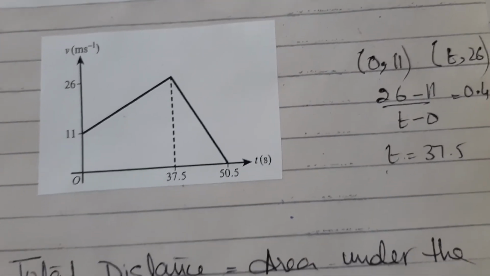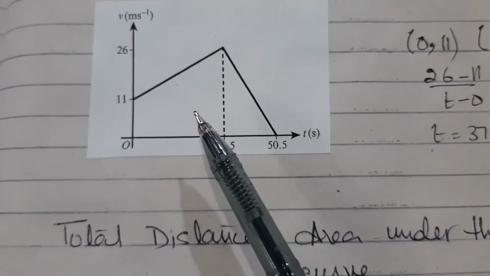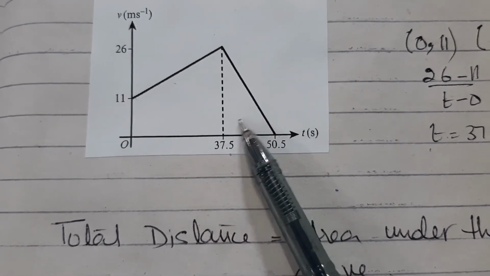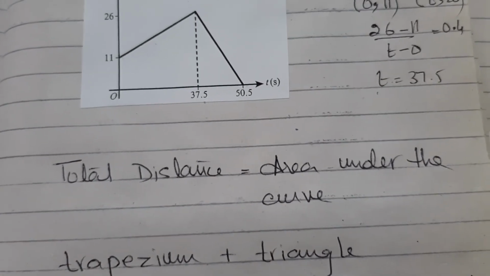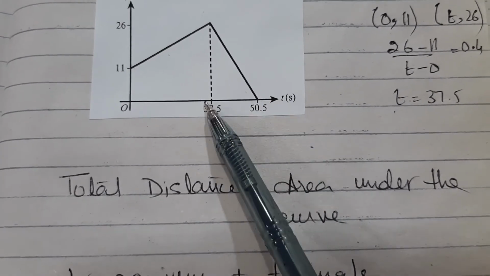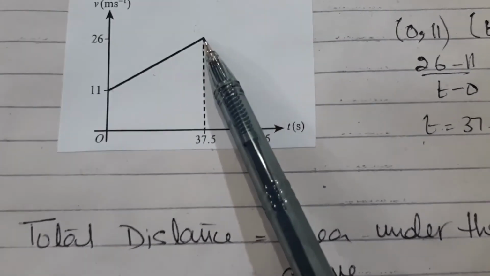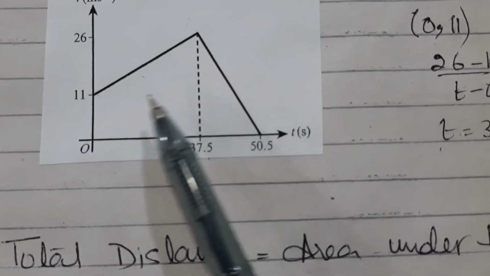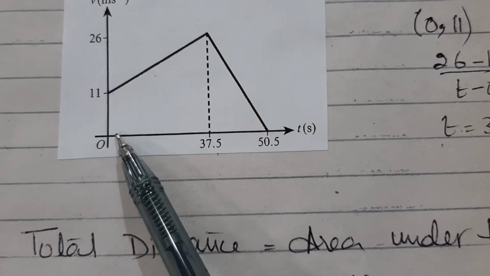So to find out the total distance covered in 50.5 seconds, I will find the area under this trapezium and area under this triangle. You can see here. So for triangle it's very simple. This minus this will give you this base. Height you already know, 26. So half into base into height, and trapezium is half into height into sum of parallel sides.